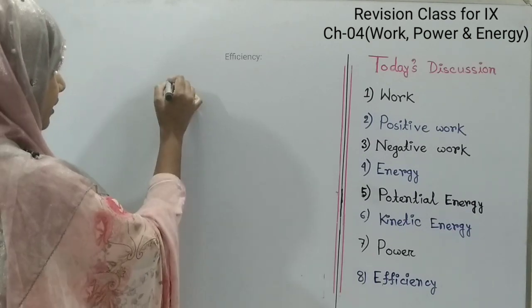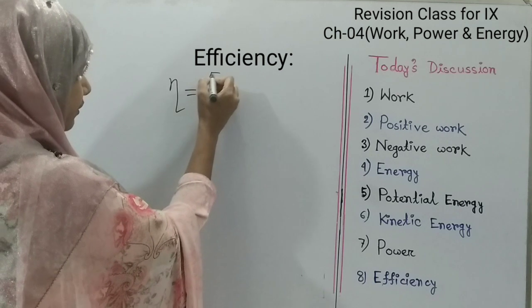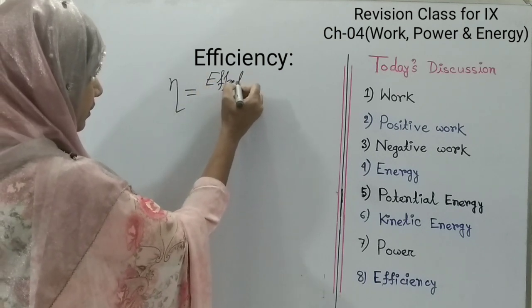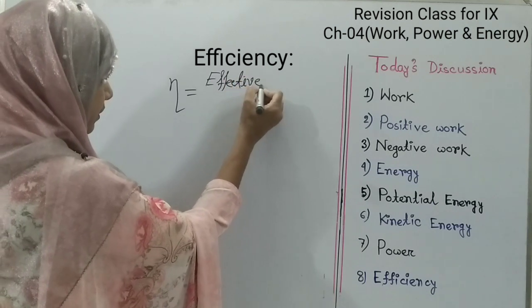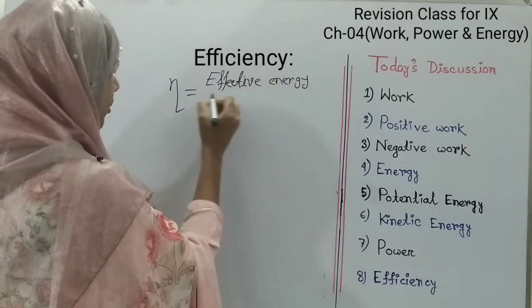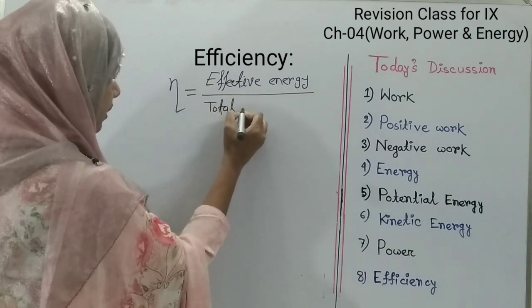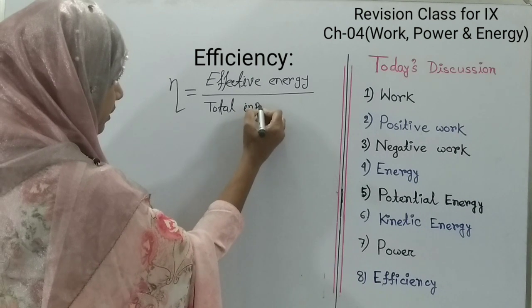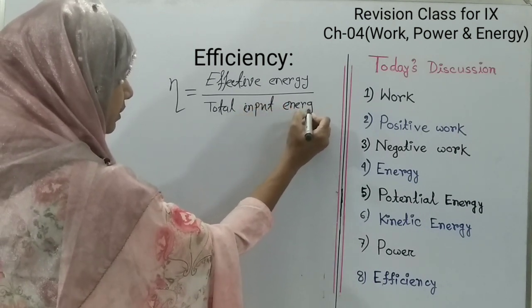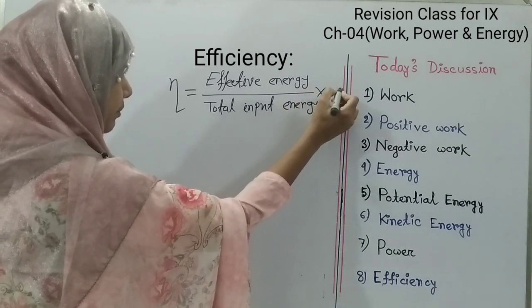Here eta equals effective energy by total input energy, and efficiency is always denoted as a percentage.